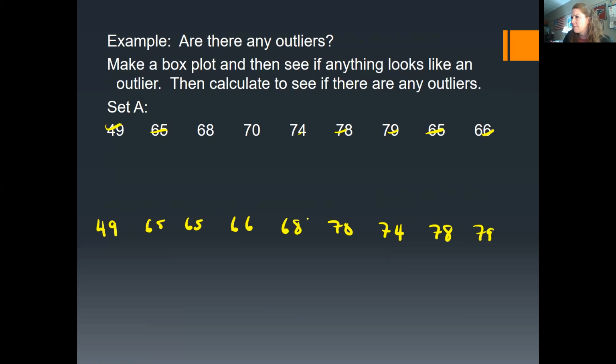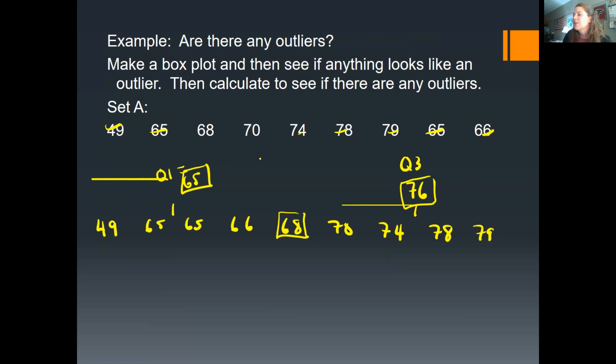So our middle number is 68. That's our median. Our Q1 is 65. And our Q3 is 76. So our interquartile range is 76 minus 65, which is 11.